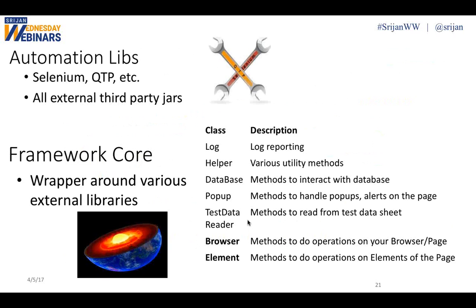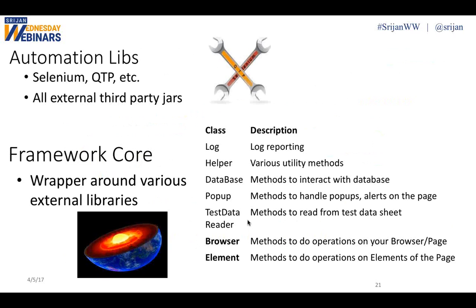Additionally, you can also do logging. Now your test case doesn't need to worry that when I'm entering some data or clicking on some element, I also need to print in the test case that I'm clicking on this element or entering this data into this text box. Obviously, as I told you earlier, you should have sufficient logs in your automation report.